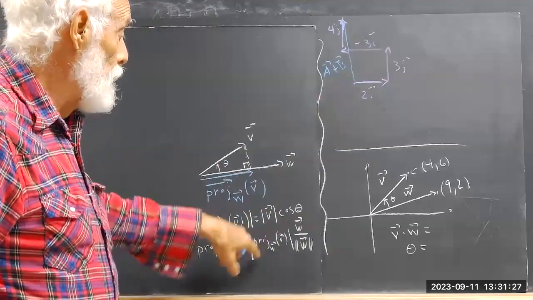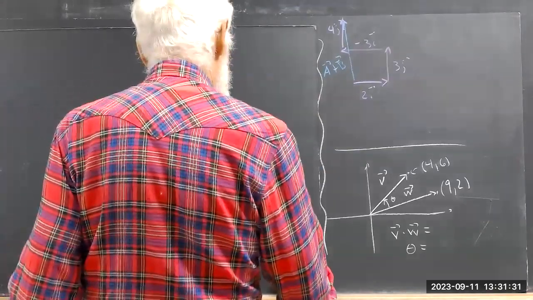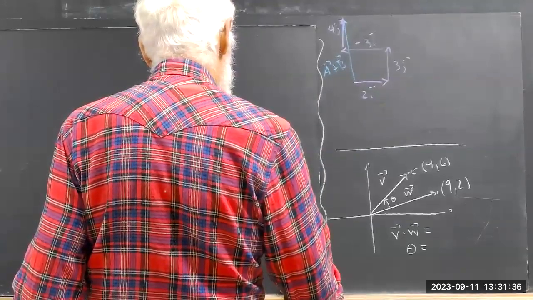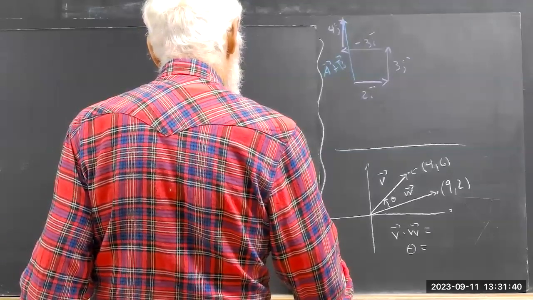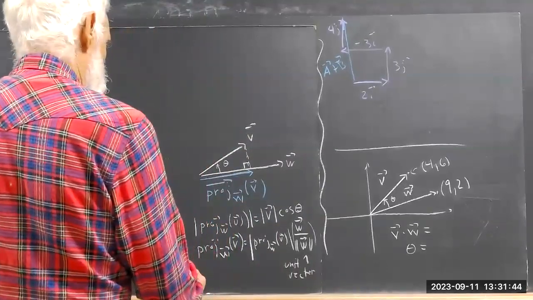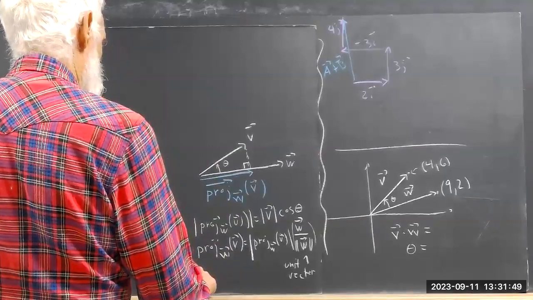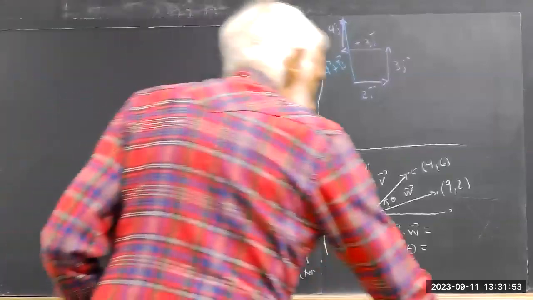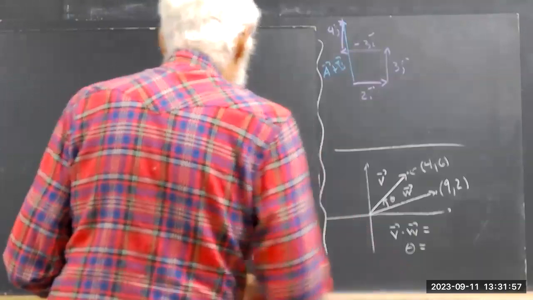Oh, and the magnitude of the vector you get is just whatever you multiply. This thing's a unit vector. The projection is, well, step I should have done, so I'll do it over here.